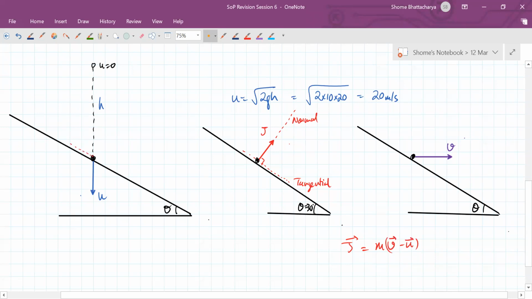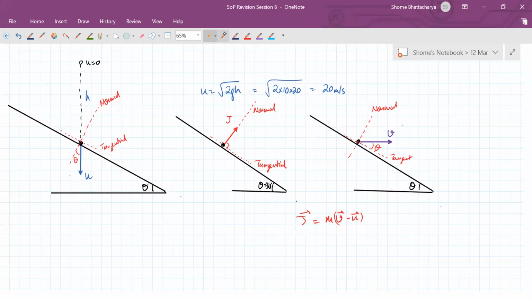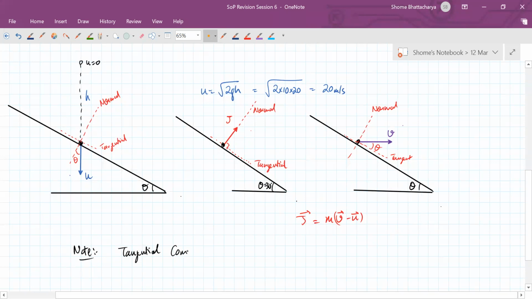So again, in this diagram, I'm drawing the tangential axis and the normal axis. I can see this angle is theta, and similarly in this diagram, drawing the normal and the tangential axis, I can see this angle is theta. Now applying the collision theory concepts that we discussed in the last session, first of all, the tangential component of momentum is conserved.